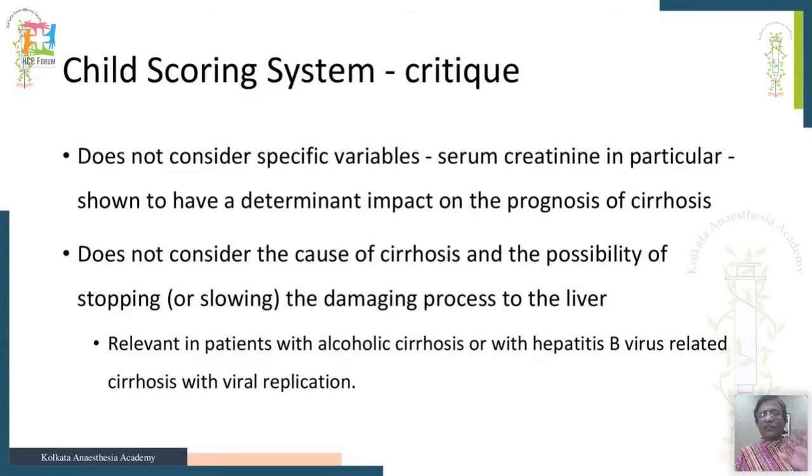It does not consider certain variables like creatinine, which has now been shown to be an important prognostic marker, and the etiology of the liver disease, which plays a huge factor in determining outcomes, whether it is alcoholic cirrhosis or active viral hepatitis B with a replicating virus, which can make a huge difference to the prognosis.